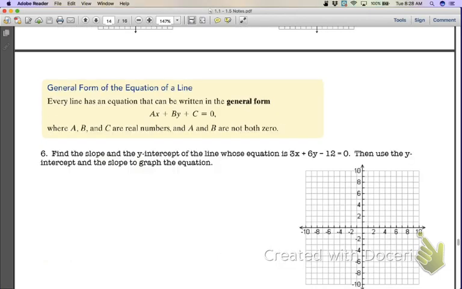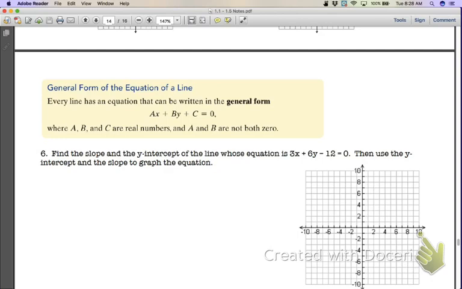General form of an equation, I call it standard form, general form, whatever. It means the same thing. You're usually going to use this for intercepts, and you can turn it into y equals mx plus b. But whenever we go with standard form, the a, the b, and the c are all real numbers, and a and b can't be zero.